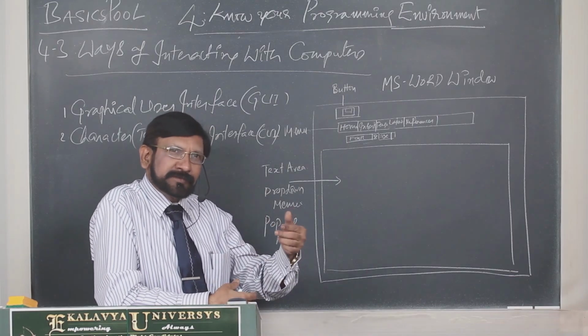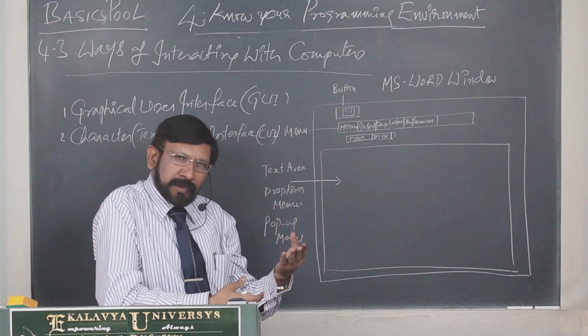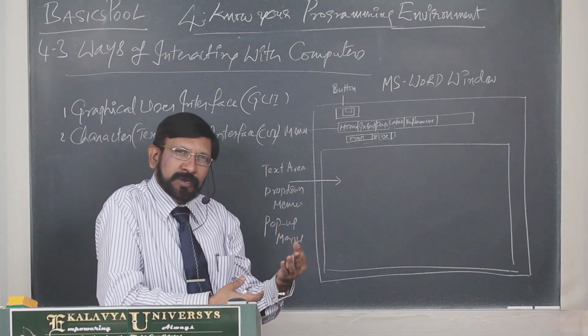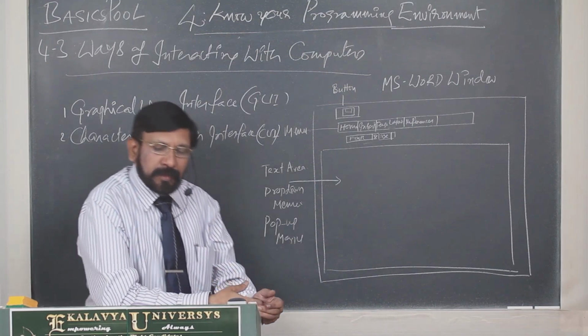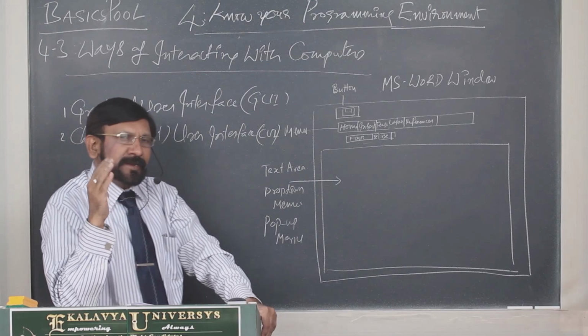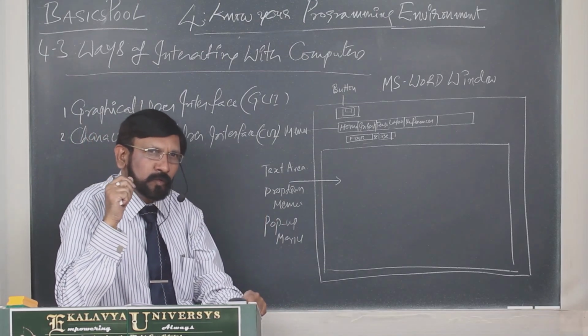For giving commands to the system, we use either a keyboard or a mouse or touch screens, which you are well aware of. So these interactions can be classified into two types.